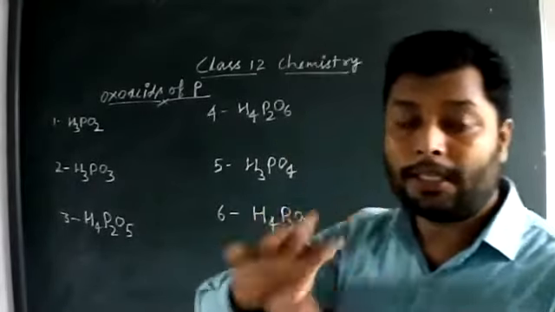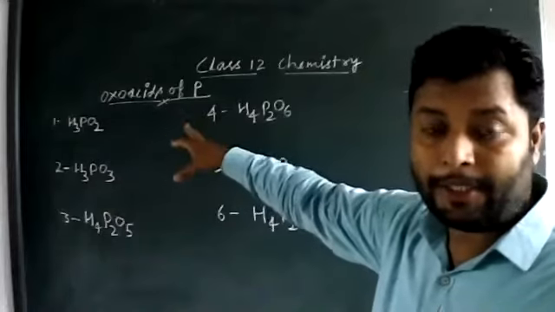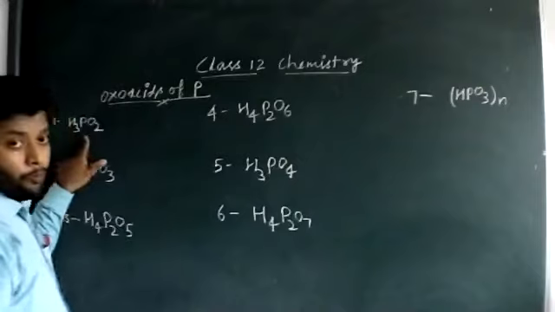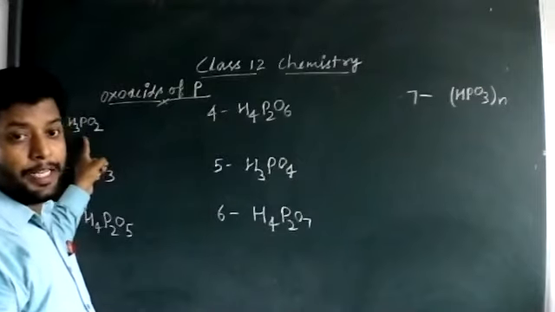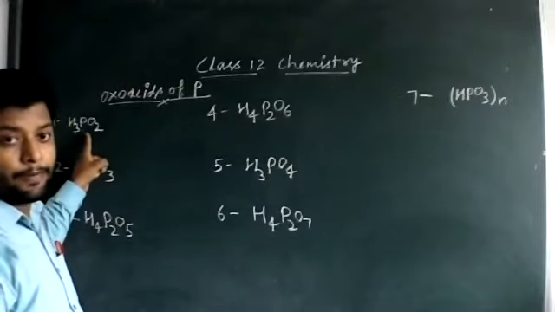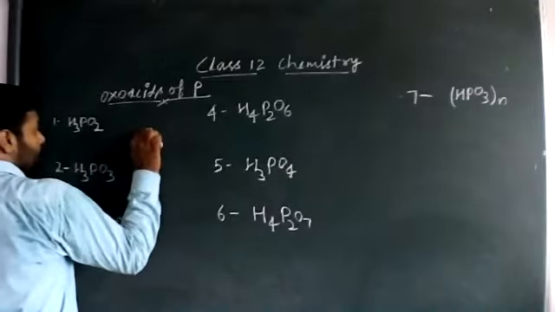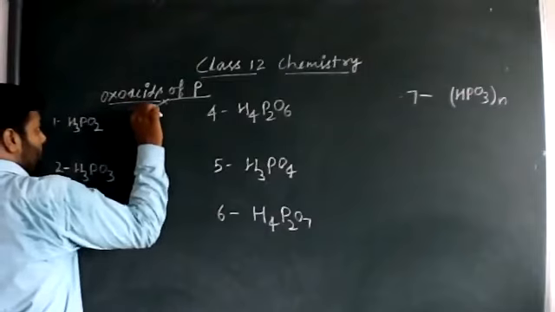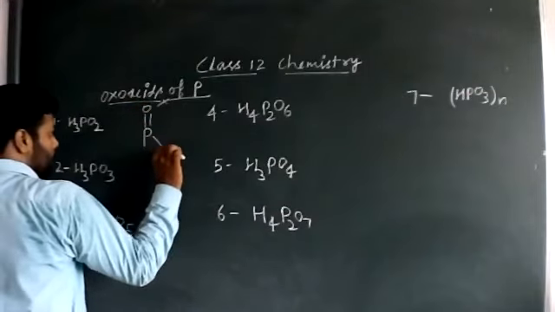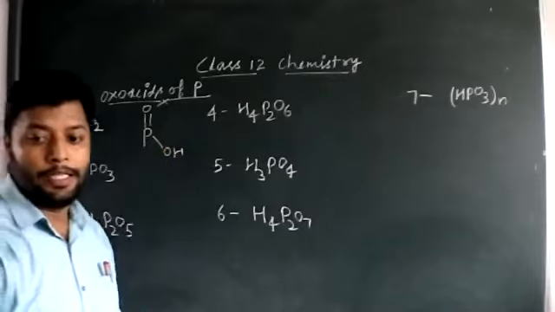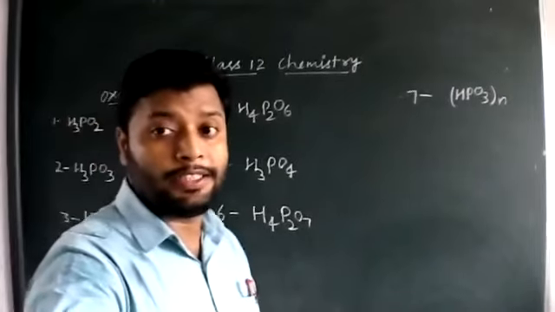So let us start drawing the geometry of the different molecules given here. Suppose we try to draw phosphinic acid, H3PO2. There will be P double bond O and OH. That is the common thing in all the structures.